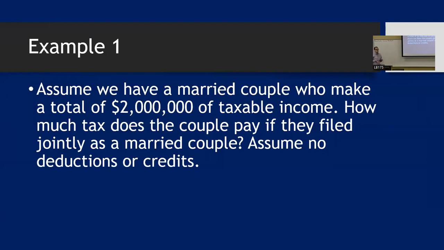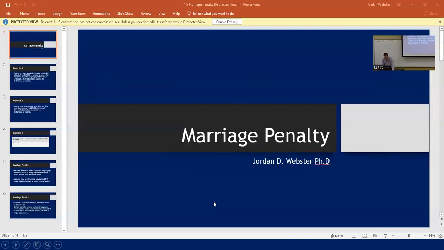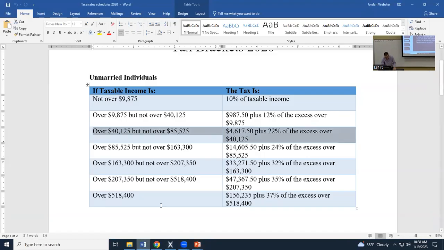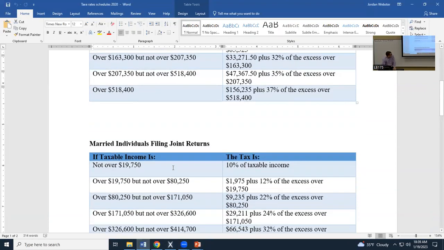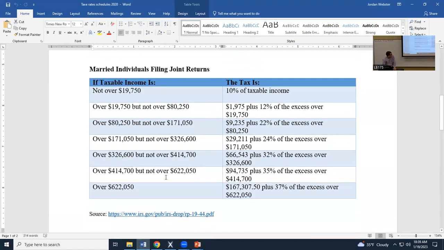And we're going to assume no deductions or credits. So we're going to make this as simple as we can. Okay. Let's figure out how much they would pay in taxes. So we have to go to the married individuals filing jointly. Obviously, 2 million puts us in that last category. That's why I took the number so high.